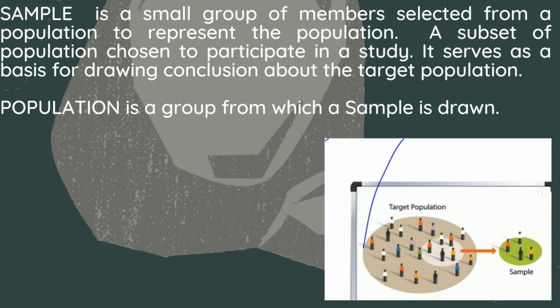Let's say, for example, let us have the population of a section Jacinto. Section Jacinto has 30 students enrolled, which is the population, and only 12 students out of 30 students in Jacinto grade 11 are chosen to participate in the limited face-to-face classes. Meaning to say that 12 students are your sample.